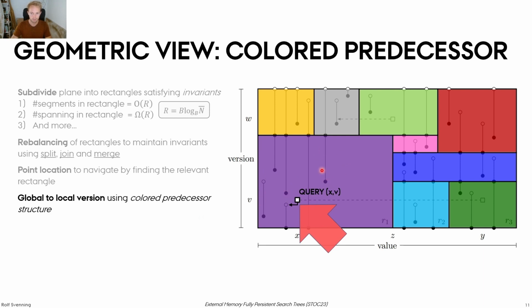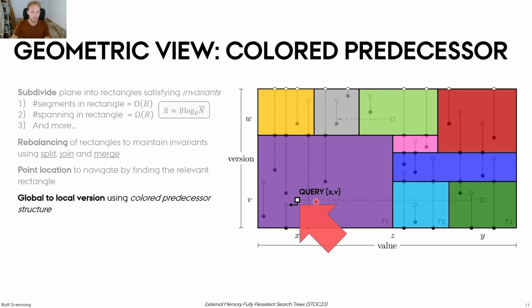We do so such that as soon as we enter a rectangle, we can start comparing versions and segments efficiently. The problem is that even though all the local versions inside the rectangle know where they are in the local ordering, when you enter the rectangle, you do so with a version from the outside, from the global view, and if this version is not represented already inside the rectangle, it doesn't know where it is in the local ordering.